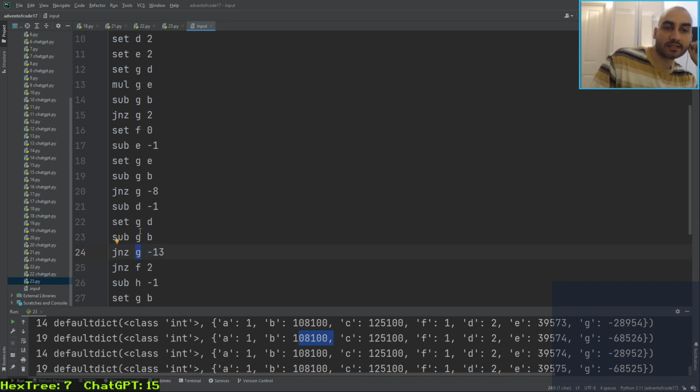We'll only get to this line if g equals b.